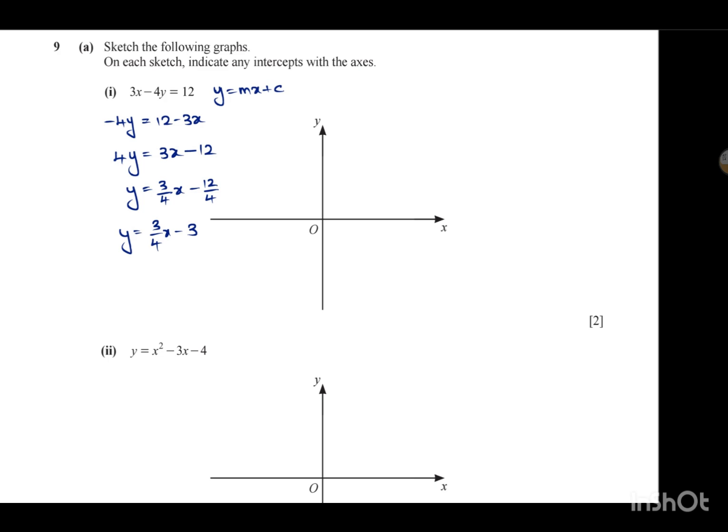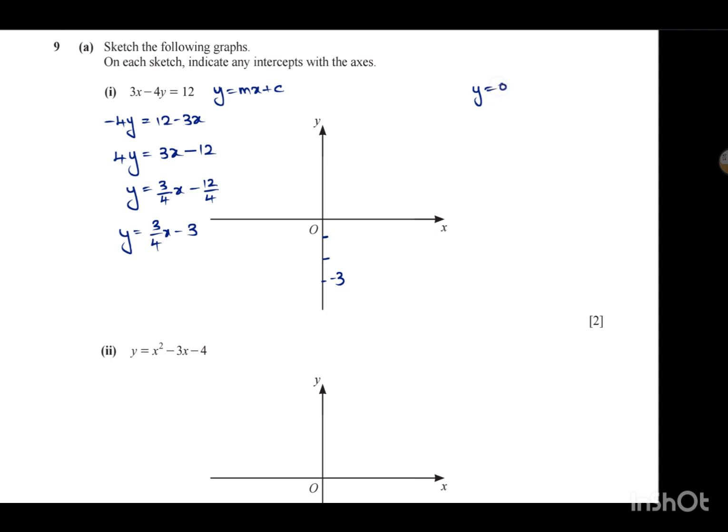So minus 3 will be on the y-axis, 1, 2, 3. This is minus 3. When x is equal to 0, y will be minus 3. When y is equal to 0, x will be 4.